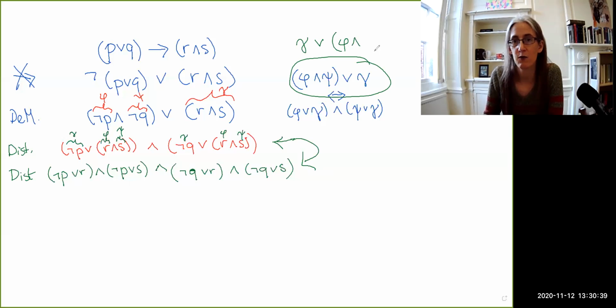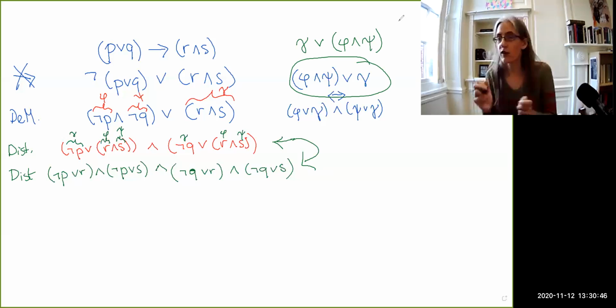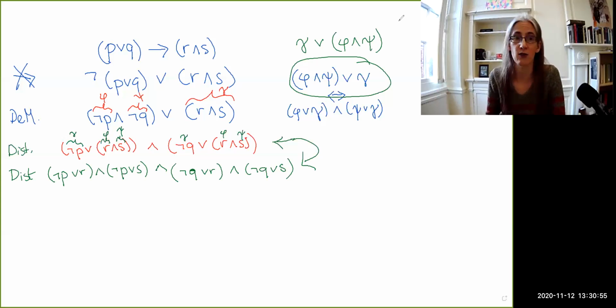So in fact, what we have here is gamma or phi and psi. But you remember that order of disjuncts doesn't matter, so it's perfectly all right that we did that. You don't even need to make it explicit. It's something that just kind of gets folded into the application of the distribution.